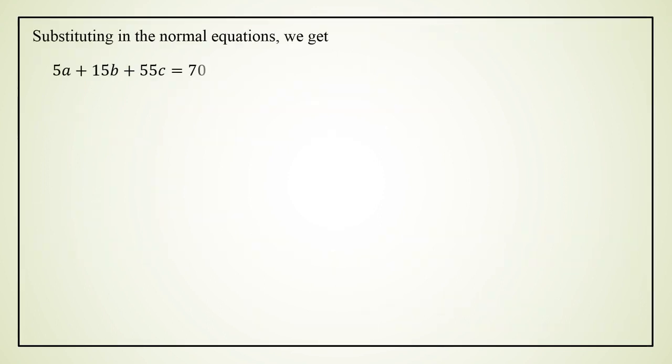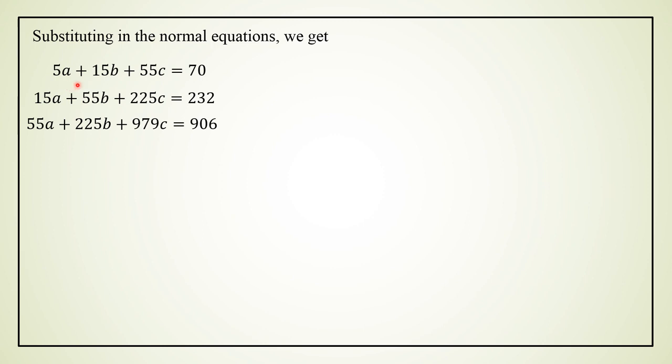So substituting it in the normal equations, I am going to get simultaneous equations with three unknowns, that is 5a plus 15b plus 55c is equal to 70, 15a plus 55b plus 225c is equal to 232, 55a plus 225b plus 979c is equal to 906.